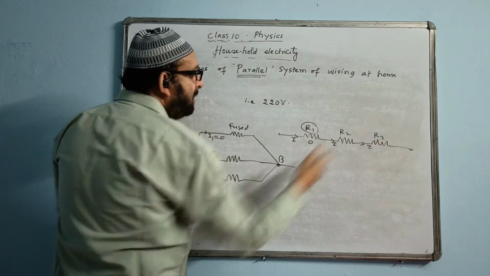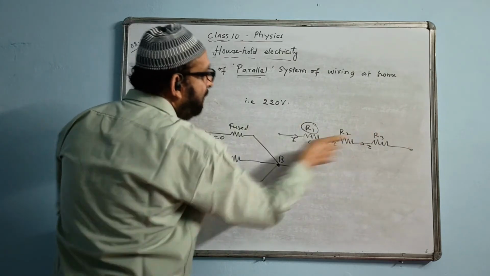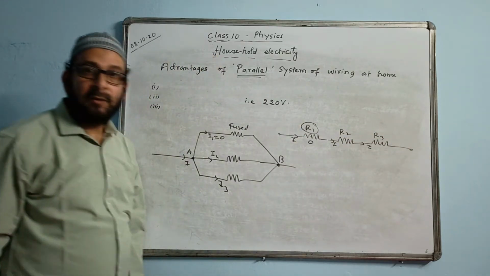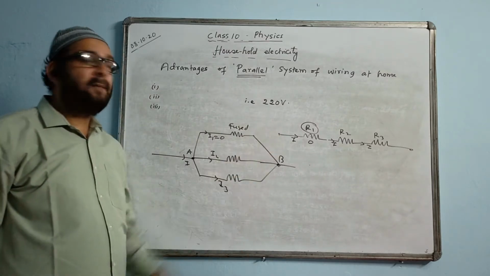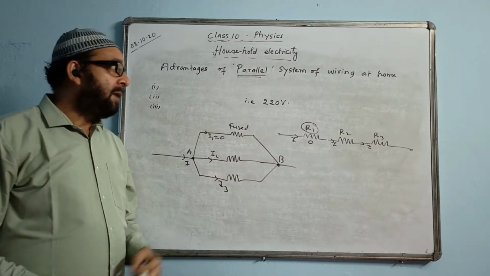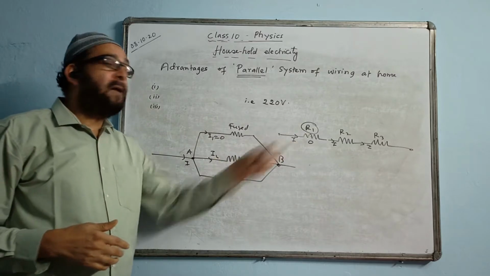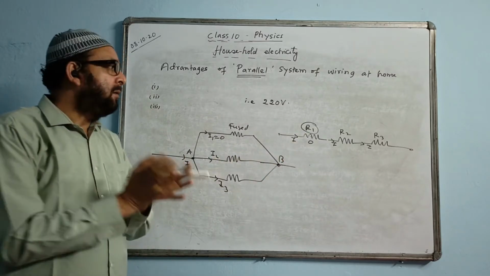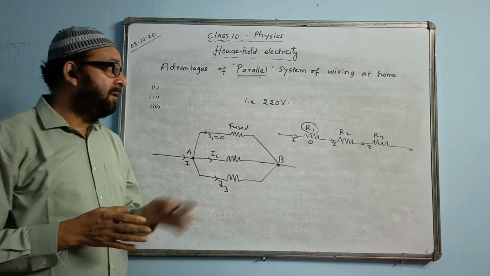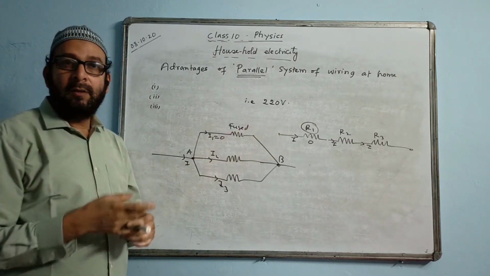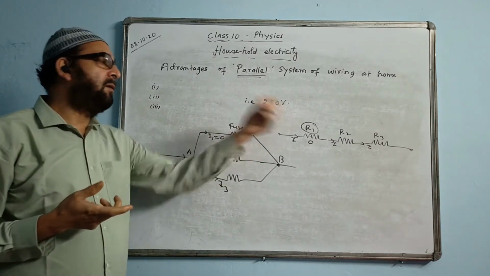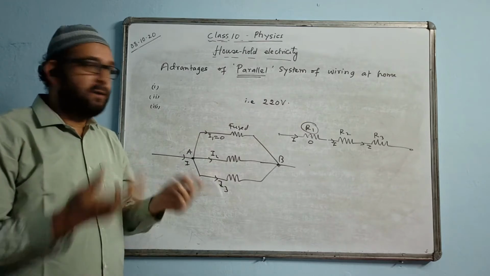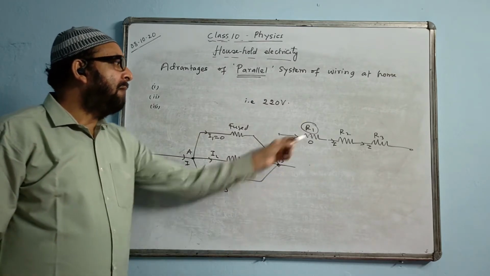The current will not be flowing through the other appliances up here. Then the other appliances will not work. That means the working of each of the appliances is not independent. It depends upon each other. If any one of the appliances is fused, then the other appliances will not work or function at all. So that happens in series.